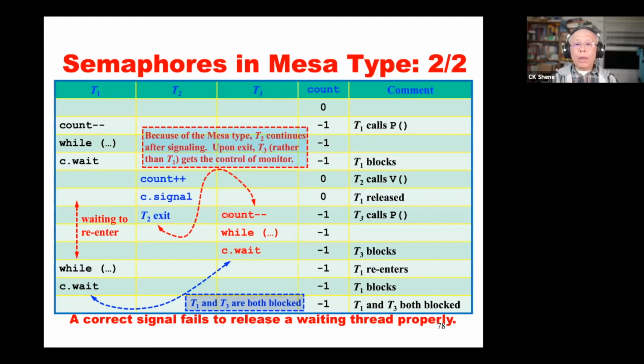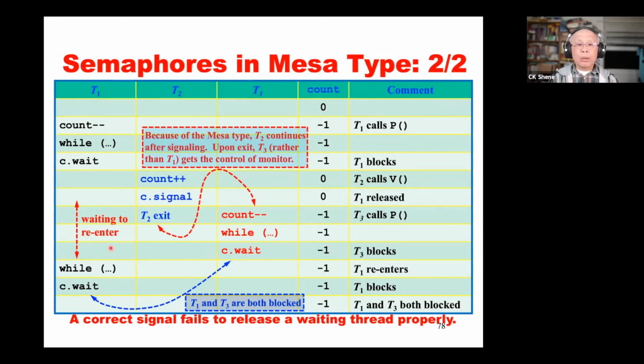So what if the monitor mechanism chooses T3 to get into the monitor? So T3 subtracts 1 from the counter, making the new value -1, and T3 is here checking the value of count, which is negative, so T3 waits. Now at this moment, the monitor becomes empty.